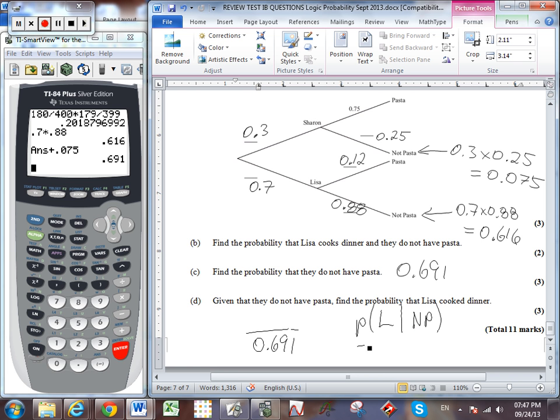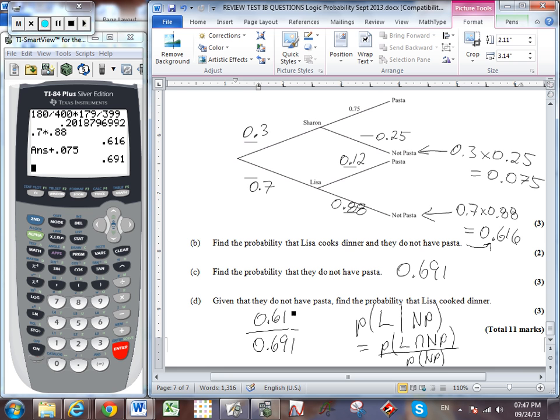According to the probability formula, that's going to be equal to the probability that Lisa cooked and they did not have pasta divided by the probability that they did not have pasta. Always the probability of both divided by the probability of the given event. The probability that Lisa cooked and they did not have pasta, we've already found in part B. It was 0.616.